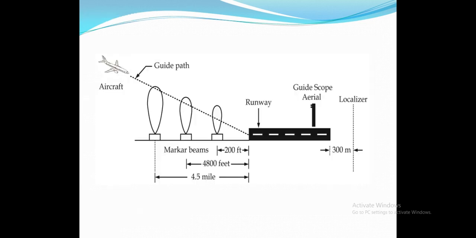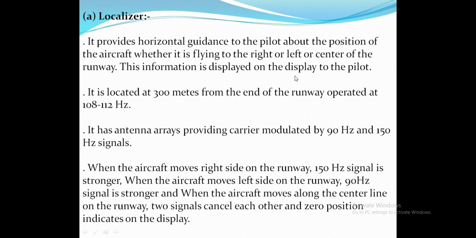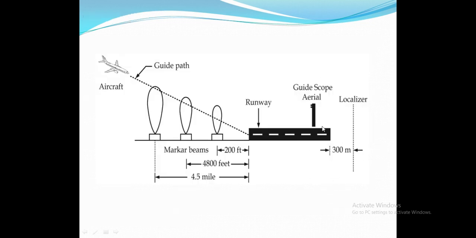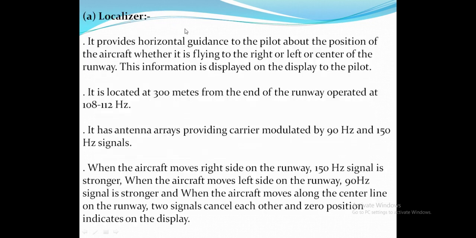The first one is the localizer, which provides horizontal guidance to the pilot about the position of the aircraft, whether it is flying to the right, left, or center of the runway. This information will be displayed on the pilot's display.